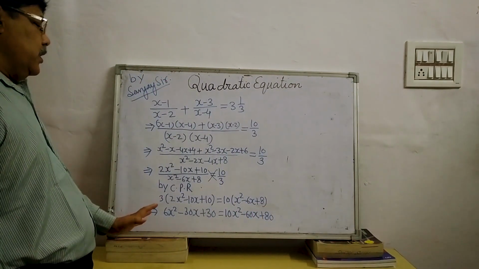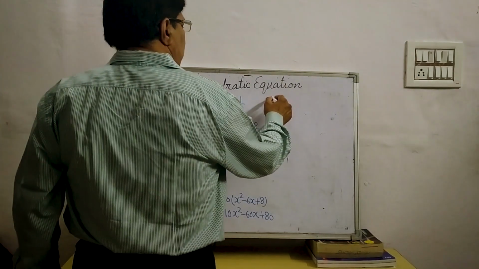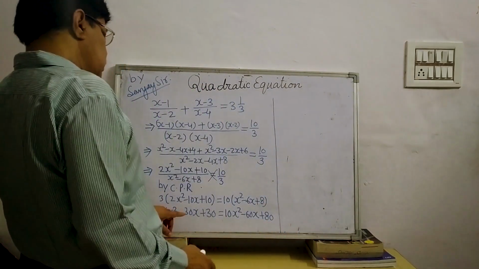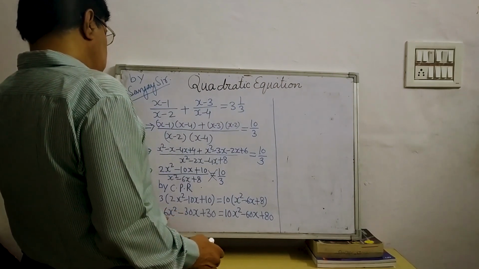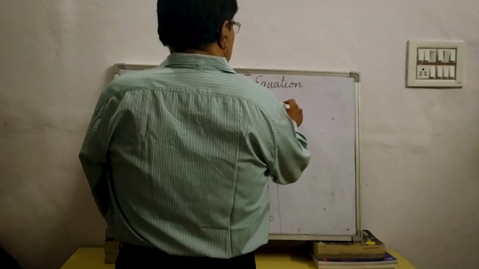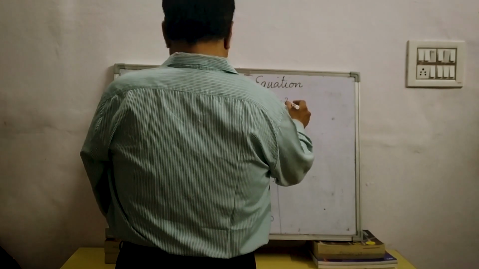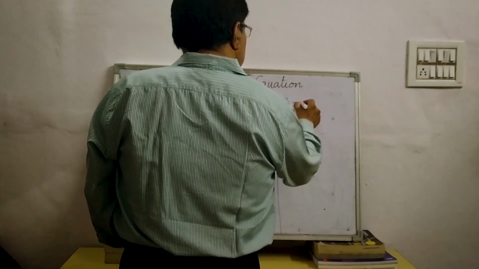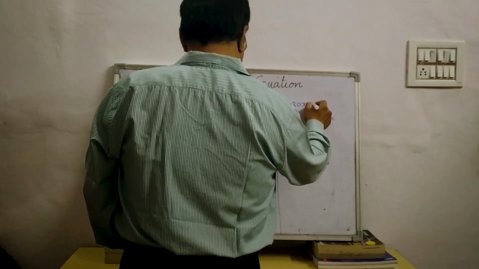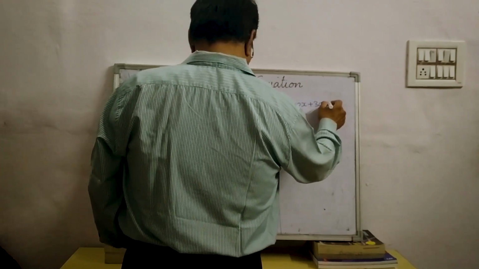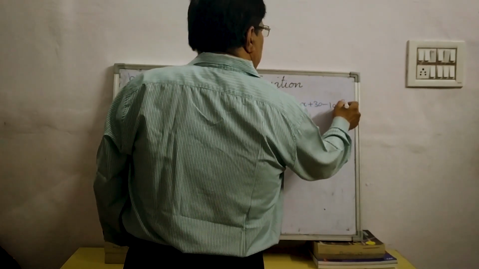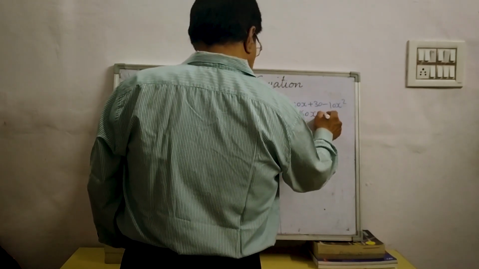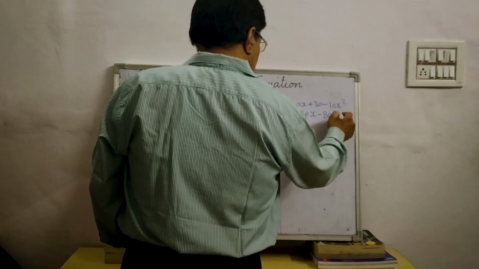Now transfer the equation to one side. What will we get? So look here, this is 6x square minus 30x plus 30 minus 10x square plus 60x minus 80 equal to 0.